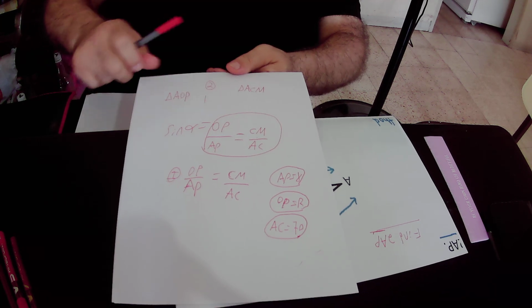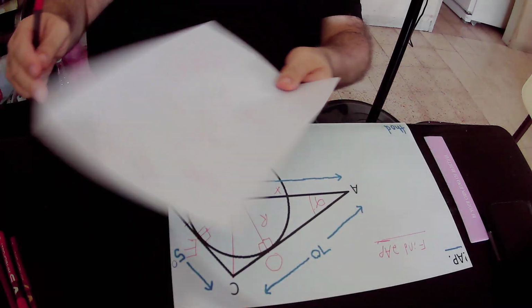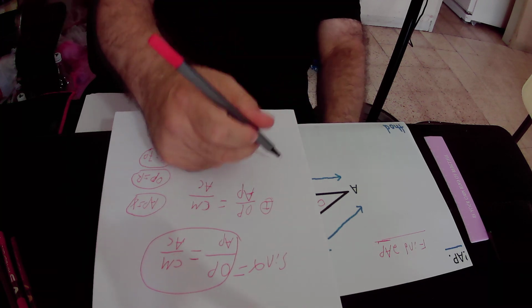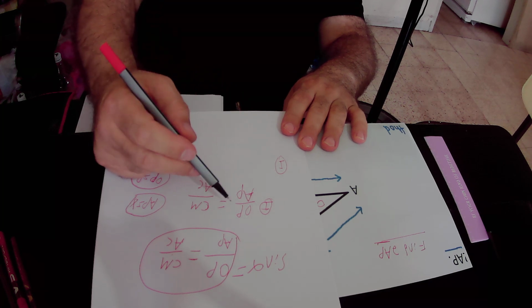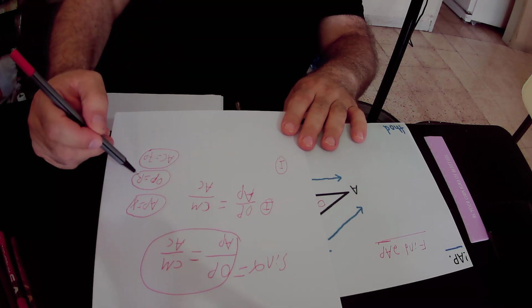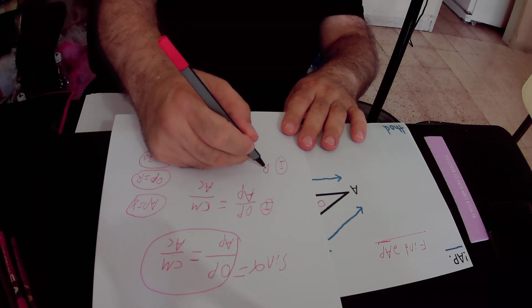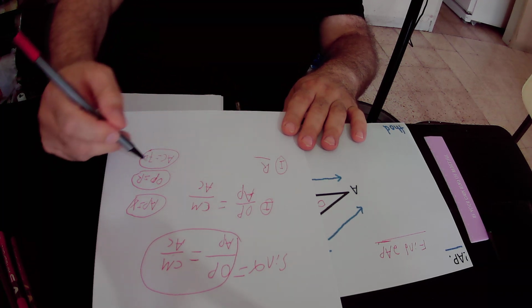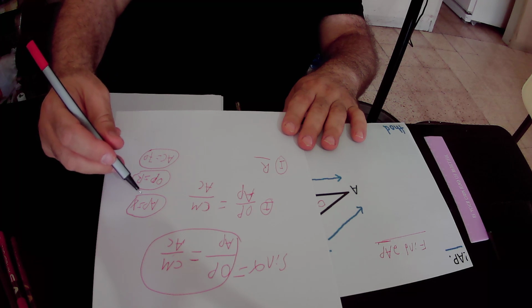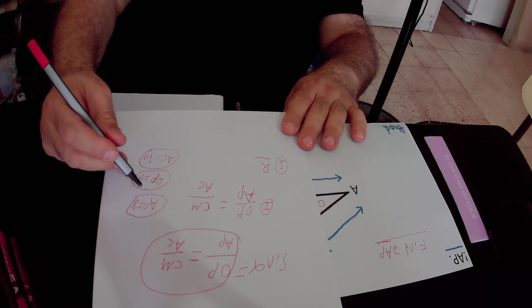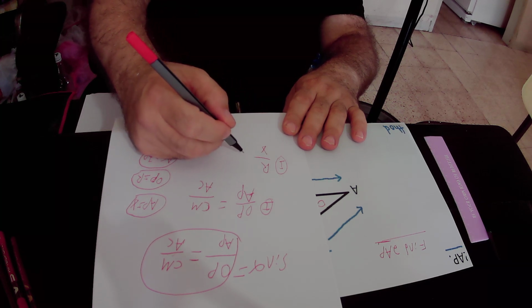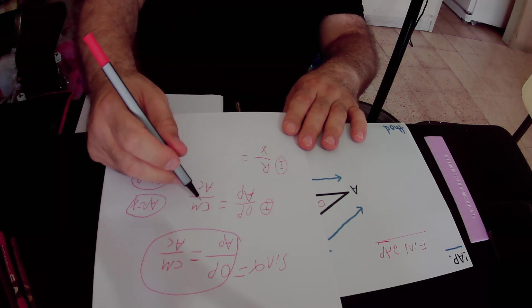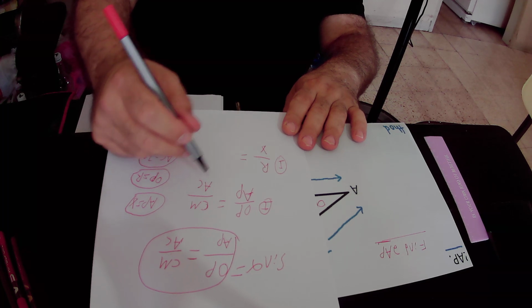Okay, so I will do it now. In the first equation, instead of OP, I will write R because OP equals R. Instead of AP, I will write X, because AP equals X. Then equals CM. We will leave CM as it is.